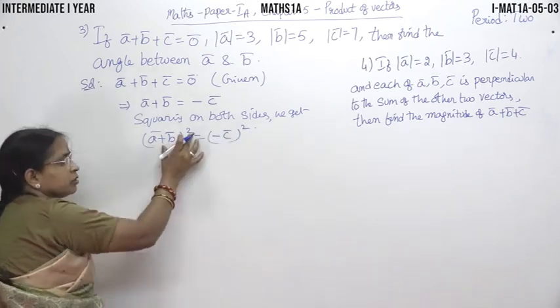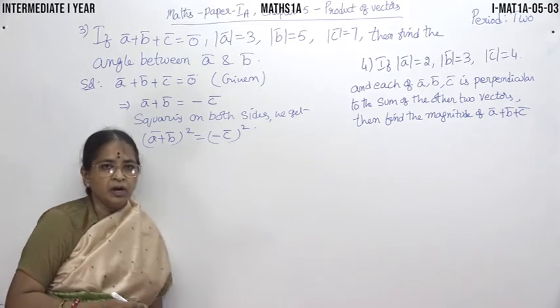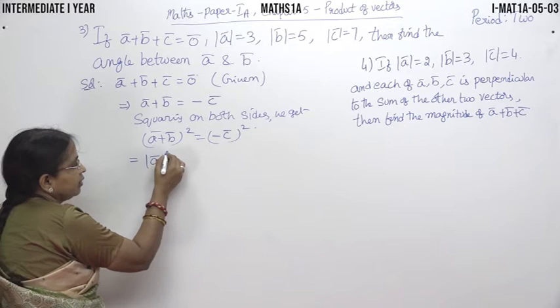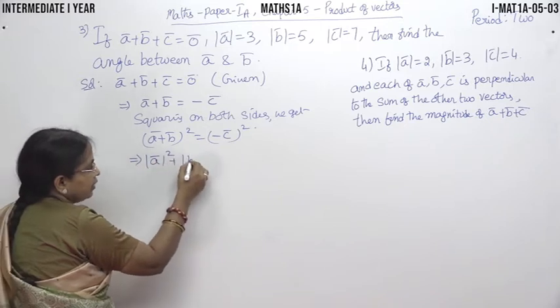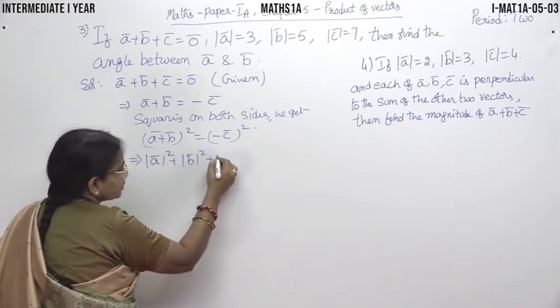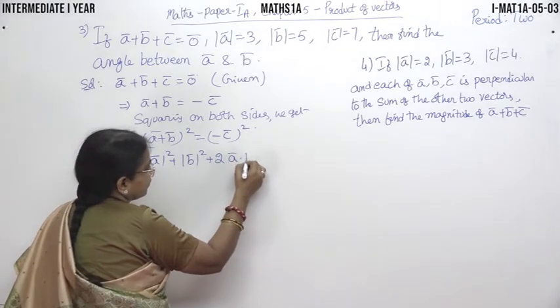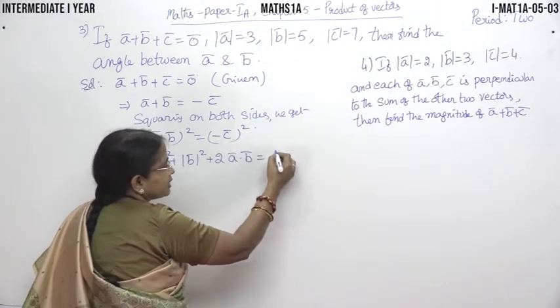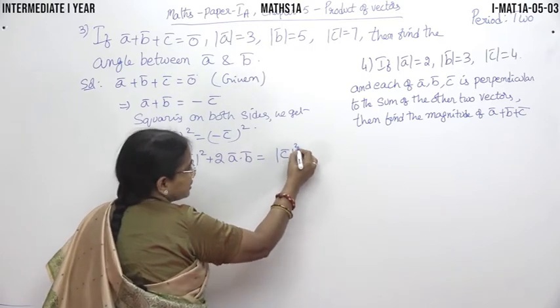So (A plus B) whole square means (A plus B) dot (A plus B), or directly write the formula: mod A square plus mod B square plus 2 A dot B is equal to (minus C) whole square, which will be C square only. So it is mod C square.